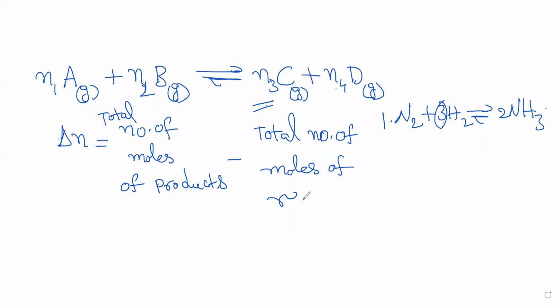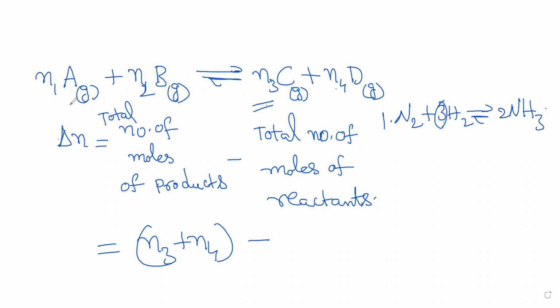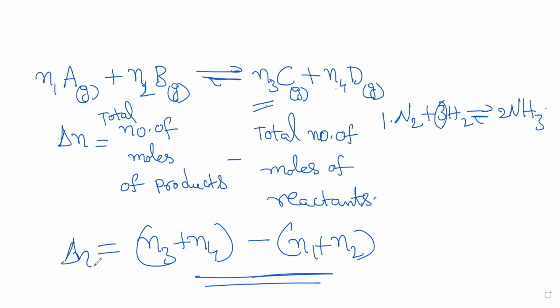If I write that, it looks like N3 plus N4, that is the products, minus N1 plus N2. Remember, this is called delta N. This is our delta N.